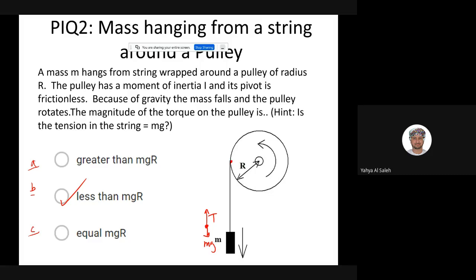At this point, we have mg down, and we have this moment arm, r.